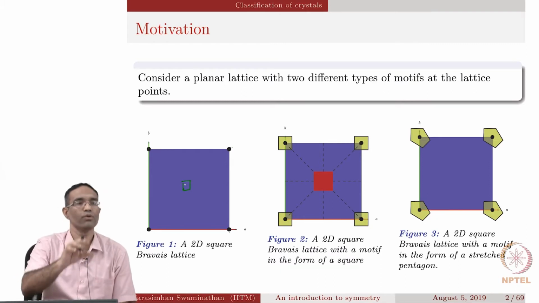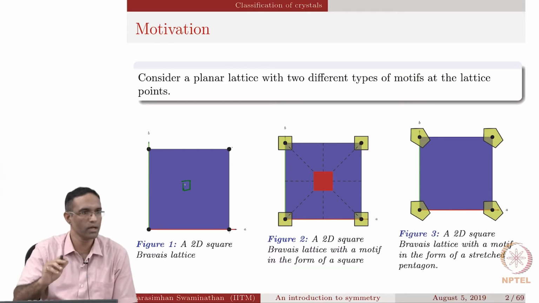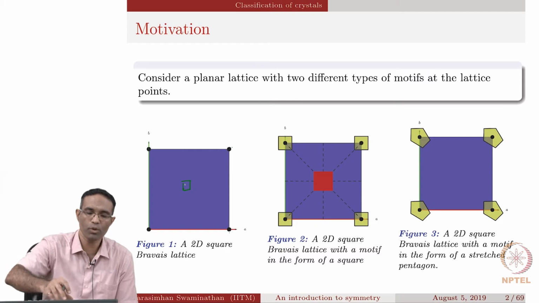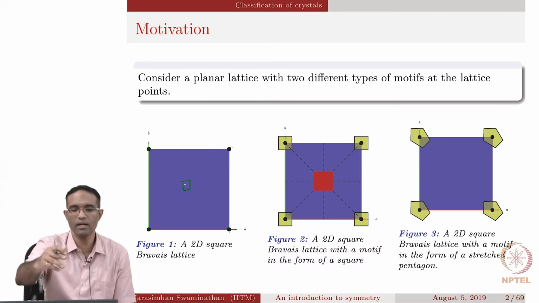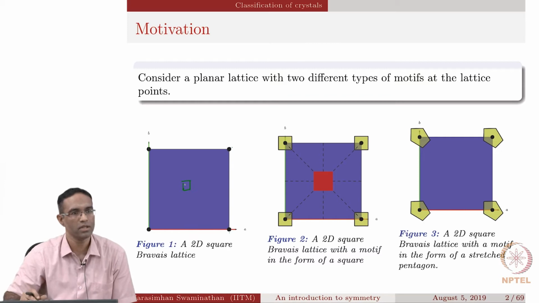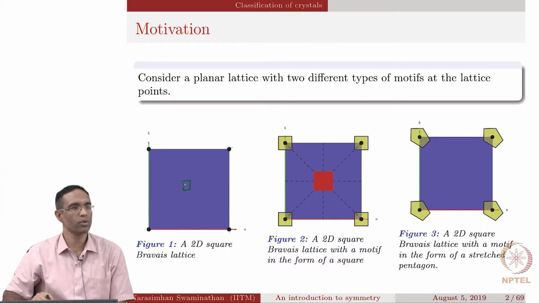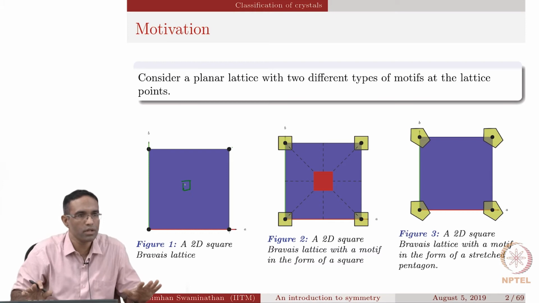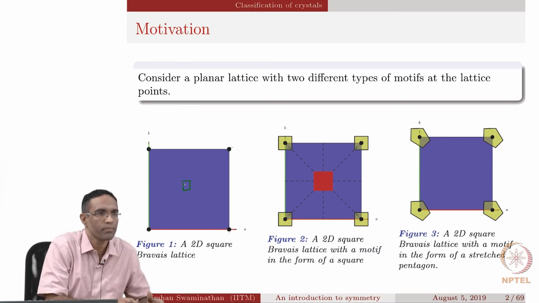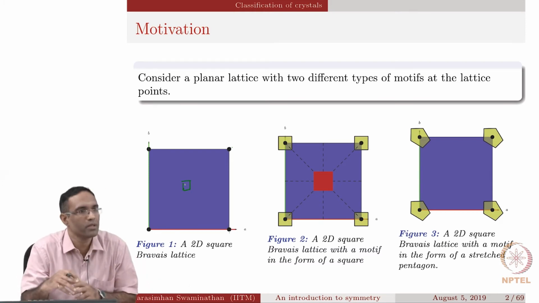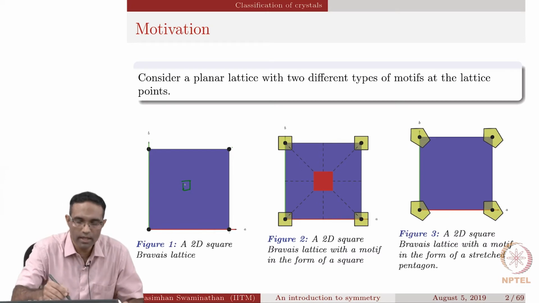That means 4-fold rotation means what? I'll come to it a little bit later, but if you keep rotating it by 90 degrees, it coincides with itself. Even if this lattice was extending in the 2 directions and you perform this 90-degree rotations, you would not be able to distinguish between the one you started off with and the one you are getting after performing these rotations, right?